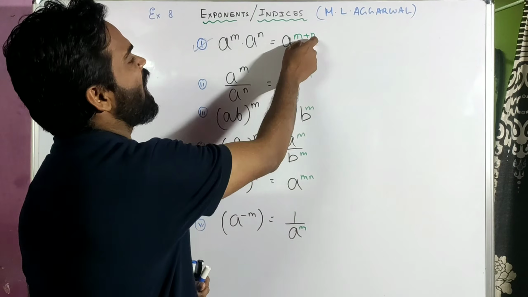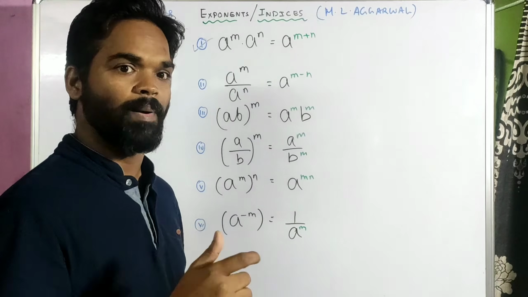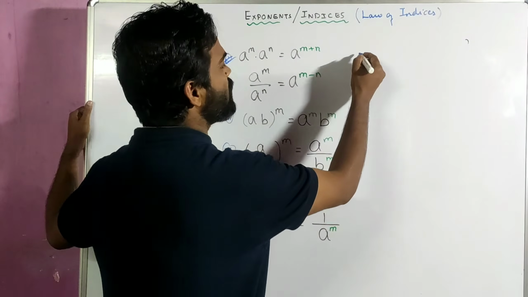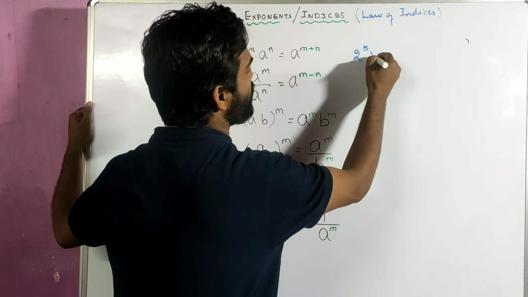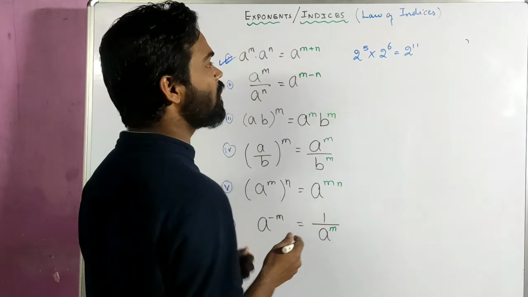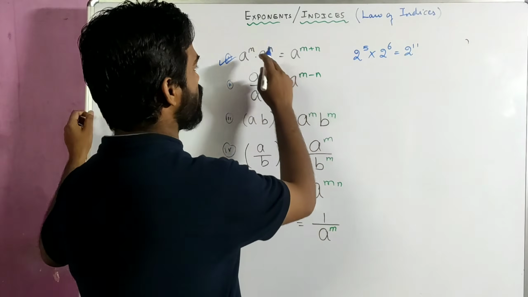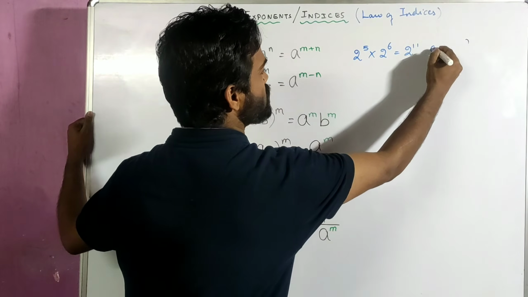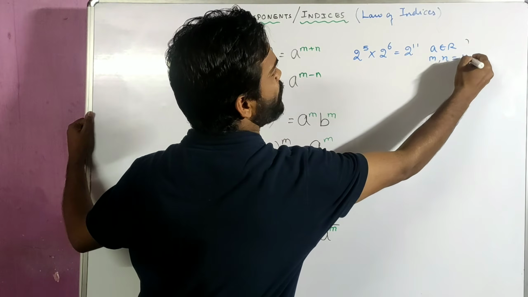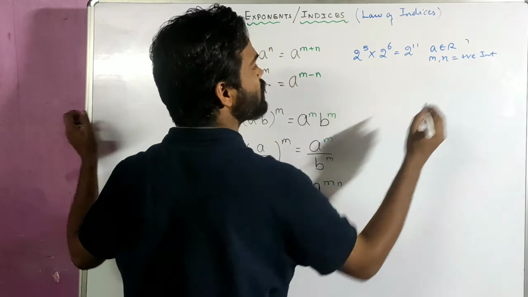We simply add the exponent or the power and the base remains the same. What I mean? Suppose 2 to the power 5 multiplied by 2 to the power 6 simply becomes 2 to the power 11. Of course, over here a belongs to real numbers and m and n are positive integers.